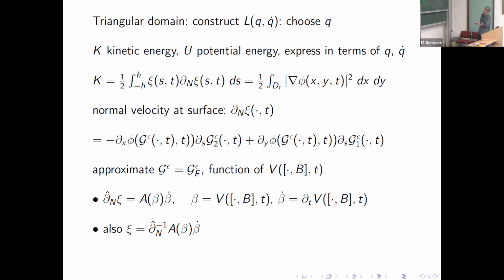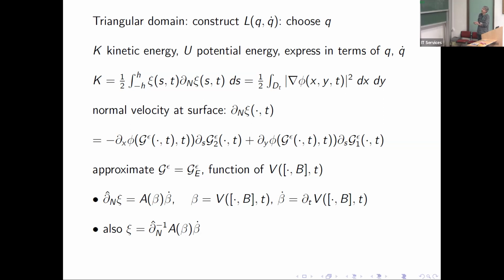This is explicit, and now here start the approximations. And that's not the only problem, but we approximate here the exact surface by its Euler formula, and then finally, which is a function of the auxiliary potential at height b.